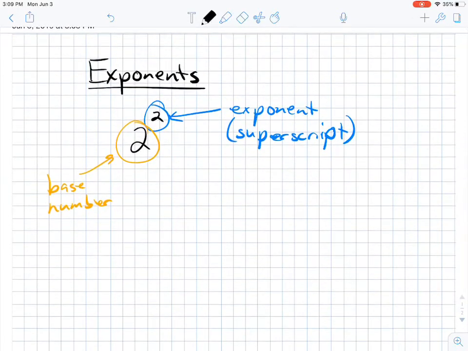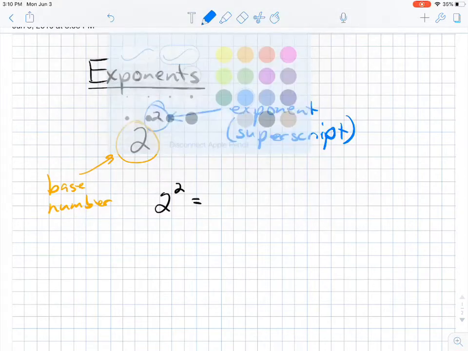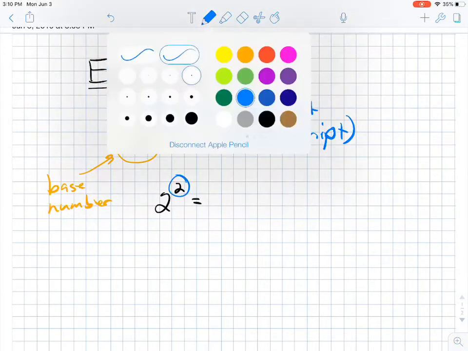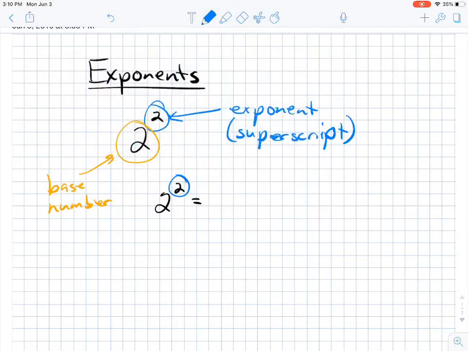All right, so let's say we have that 2 squared. The exponent simply tells us how many times to multiply the base number by itself. In this case, since we have the 2 here, it's telling me to multiply the base number of 2 by itself twice.